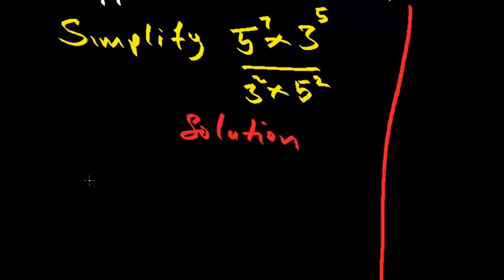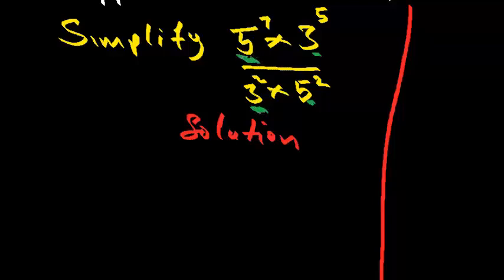Now looking at the question, we have 5 exponent 7 times 3 exponent 5 over 3 exponent 2 times 5 exponent 2. If you look at the numerator, 5 comes first, but in the denominator, 3 comes first. We are going to rewrite it in order so that if 5 comes first here, then 5 will also come first there.